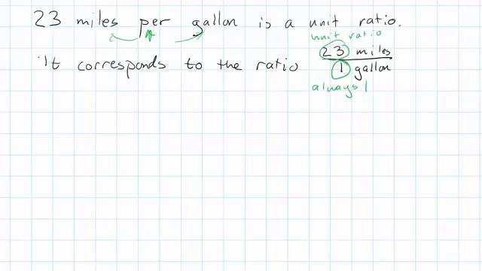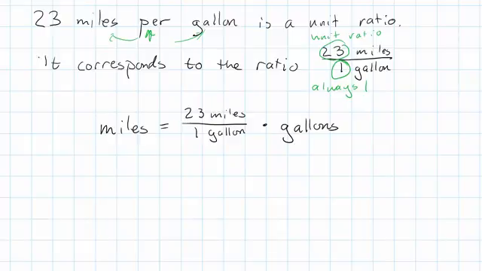Okay, but we know how ratios work, right? The ratio of miles to gallons is what you need to multiply the number of gallons by to get the number of miles.